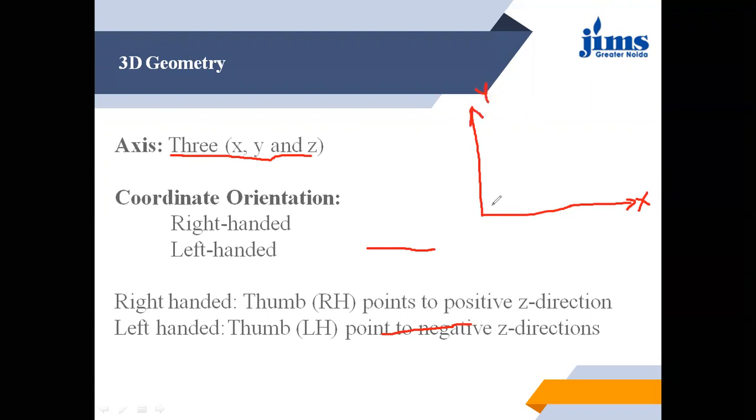These two axes are perpendicular to each other, meaning the angle between the x and y axes is 90 degrees. The third axis also makes an angle of 90 degrees with the existing x and y axes.